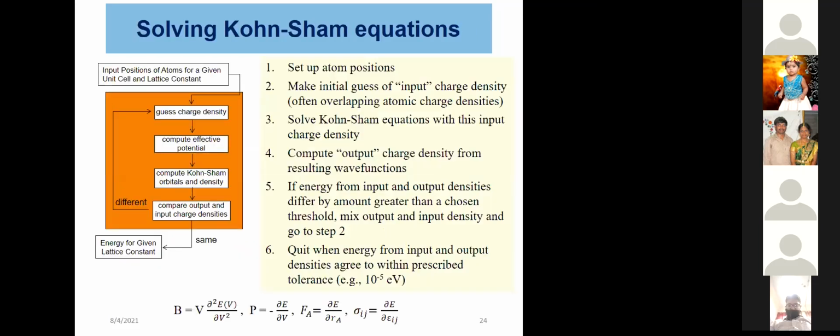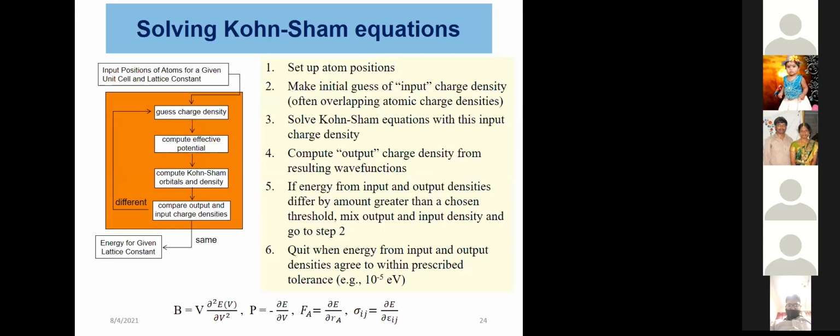So the approach to solve this Kohn-Sham equation is by the self-consistent method. So how we do it is, we take our system, any material, say we have bulk iron or copper or nickel or any material.